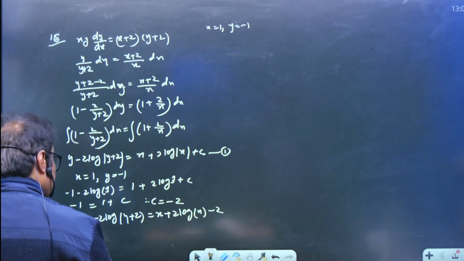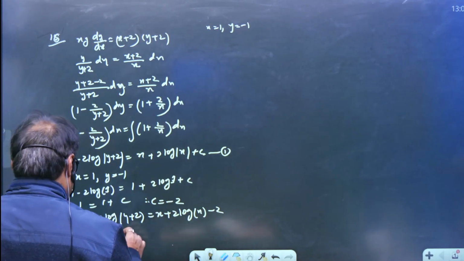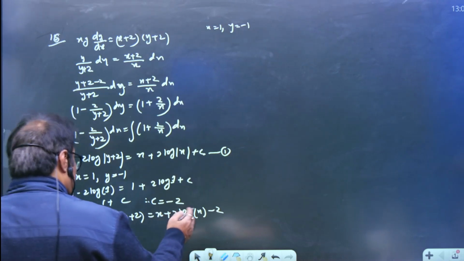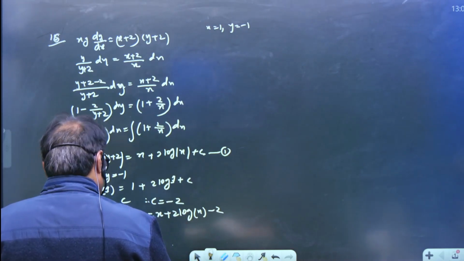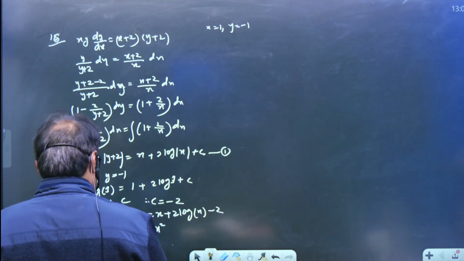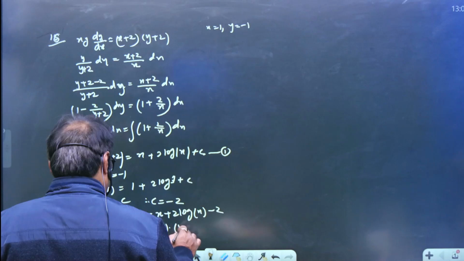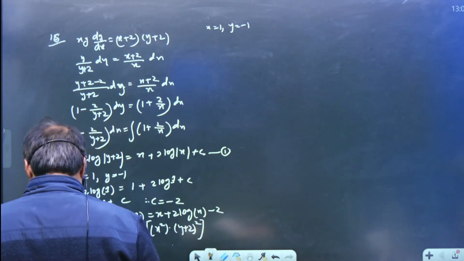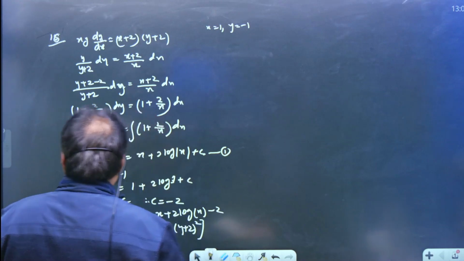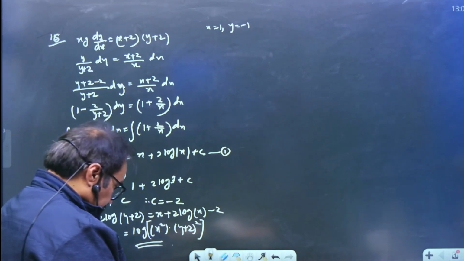So this is y minus x plus 2, transfer this to the right hand side, so this will be equal to log of x square and this side, plus, so this will be in the form of multiplication into y plus 2 whole square. Okay, and this is the final result of this question number 16.